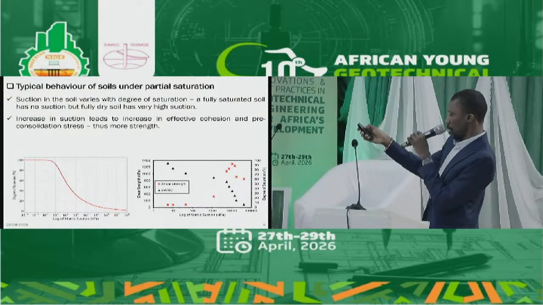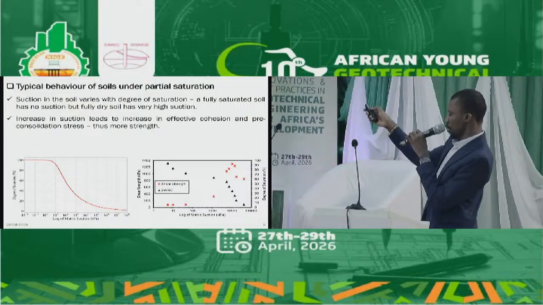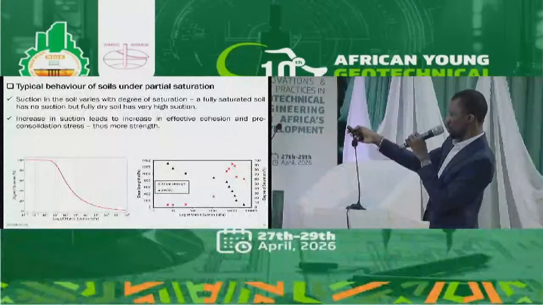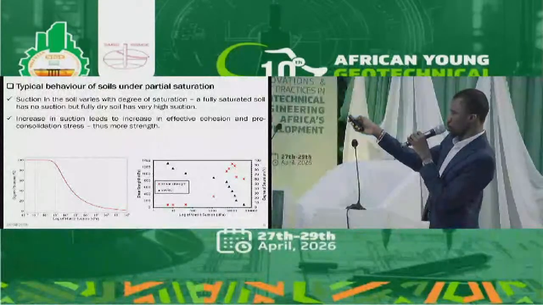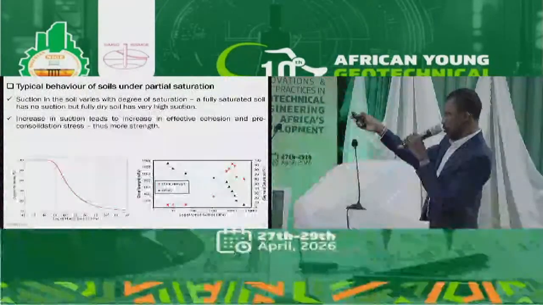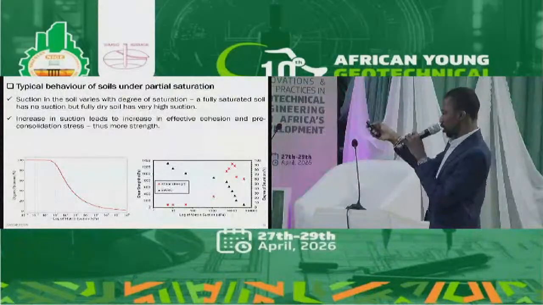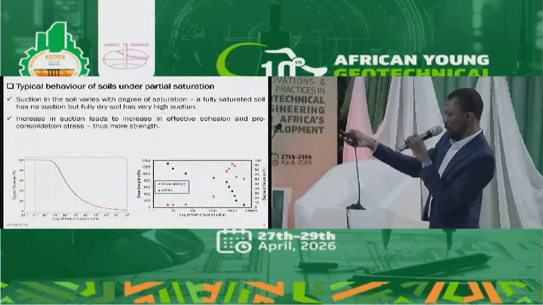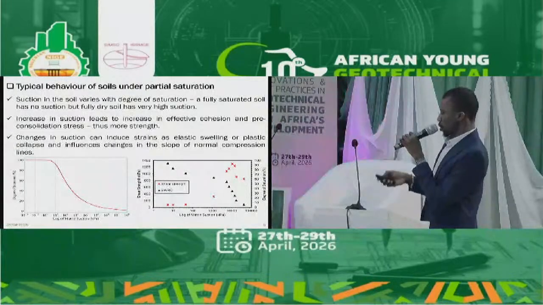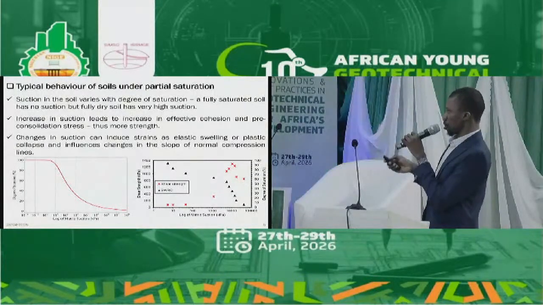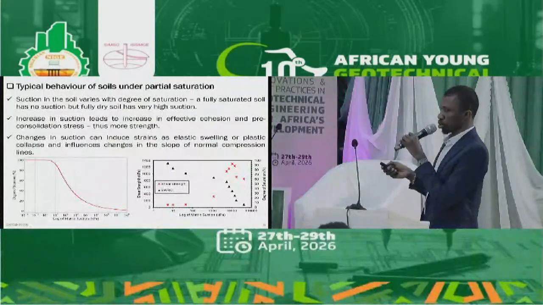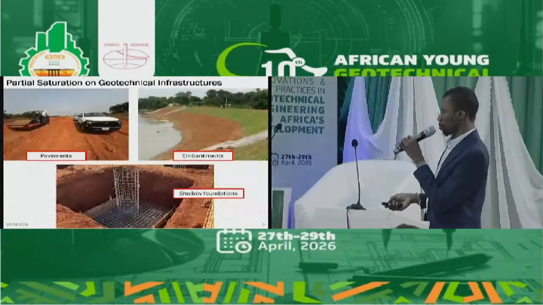You can see we have a very high shear strength when the soil has a low degree of saturation, because when the soil goes to dryness, suction increases. But when the soil is saturated, suction decreases. Also, changes in suction induce elastic swelling or plastic collapse in soil, which influences changes in the slope of normal compression. We're going to see this further in the presentation.